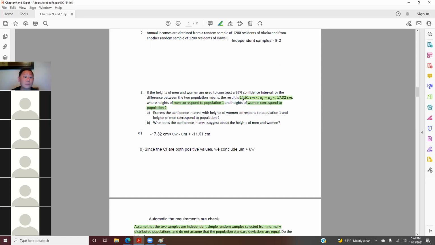No. This is the difference. Oh, okay. The difference. That means I take the men's group and the women's group and find the difference. If your difference is positive, it means the first population is higher, stronger, more than the second population. That's the meaning of it. And if both are negative, it means the first one is less than, or smaller or shorter than, the second.